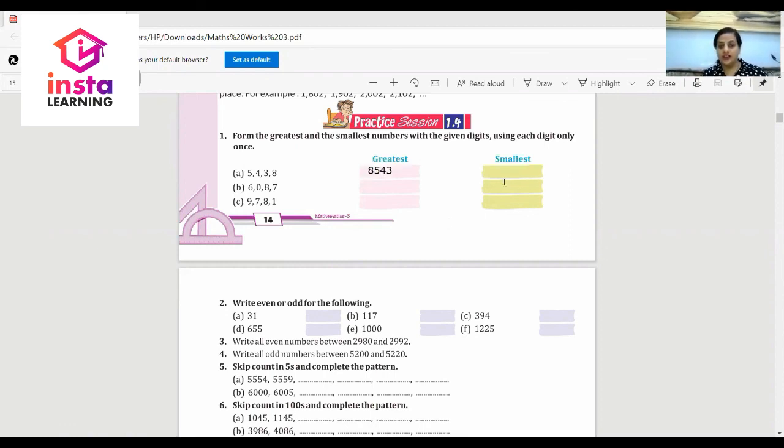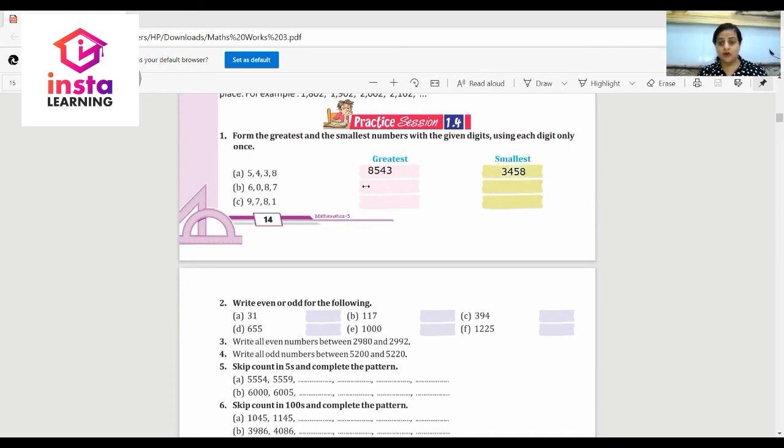So this is the greatest number that we can make with these digits, 5, 4, 3, 8, making it at thousand place, that is 8,543. Next is, just make the opposite of it, that is 3,458. This is the smallest number.